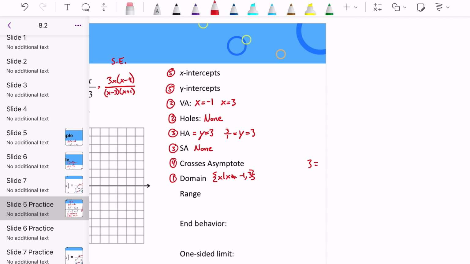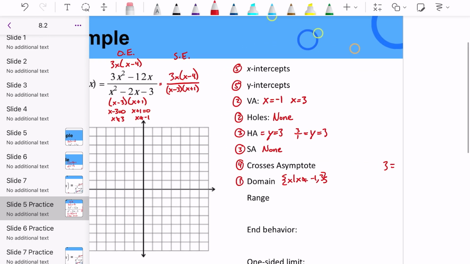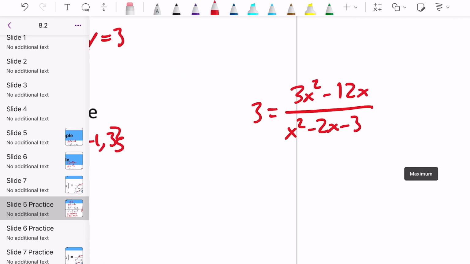Now in this case, our simplified equation is the same as our original equation, so it does not truly matter which one we decide to use. So as we go ahead, this would be 3x squared minus 12x over x squared minus 2x minus 3.